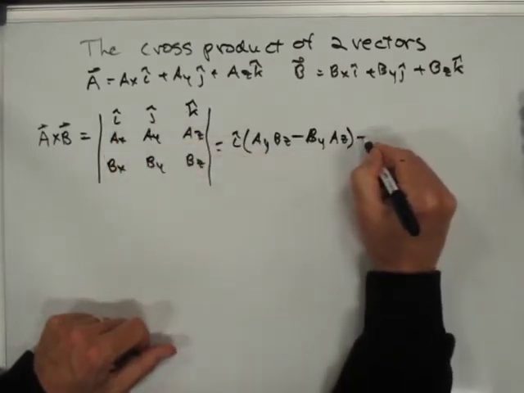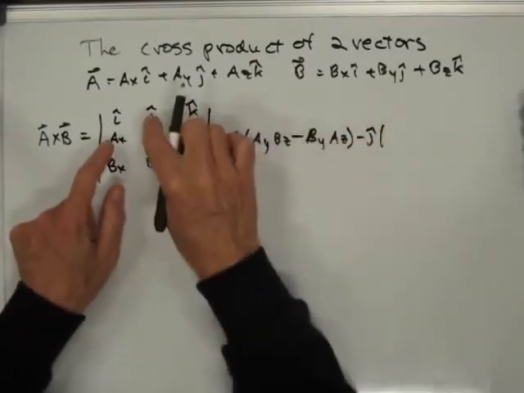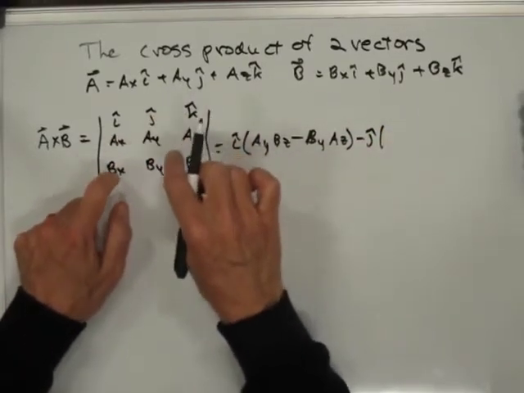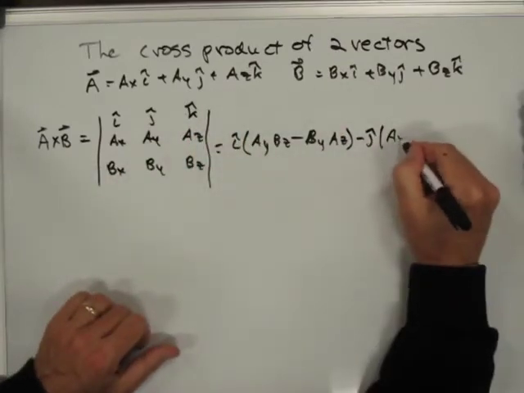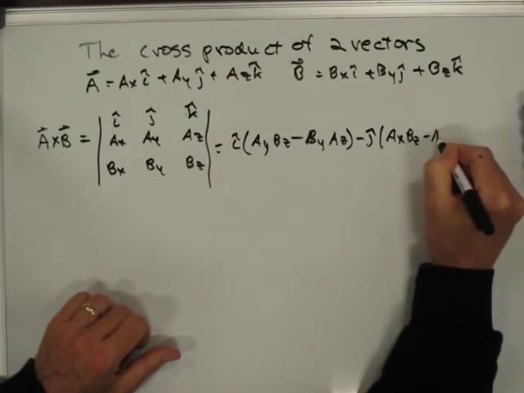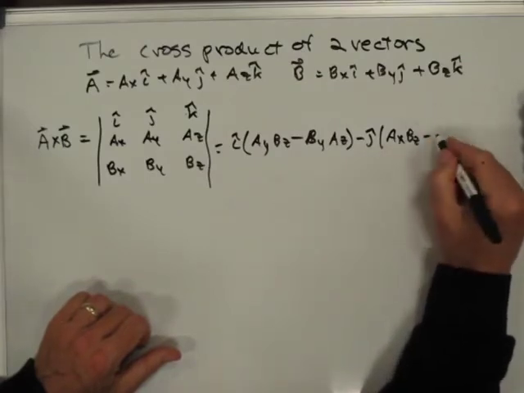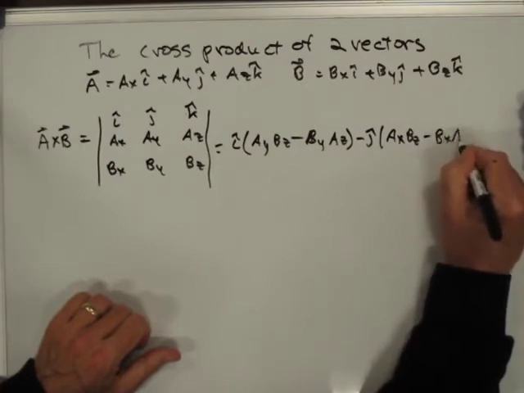And then it's minus j hat times the same thing for this one instead. So we pick this guy, it's that times that minus that times that. So it's ax bz minus bx az.